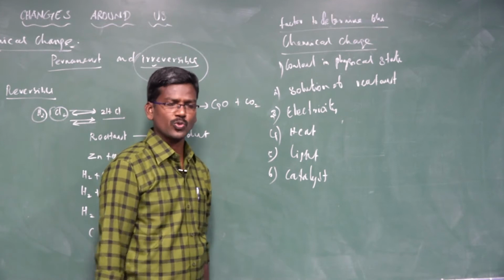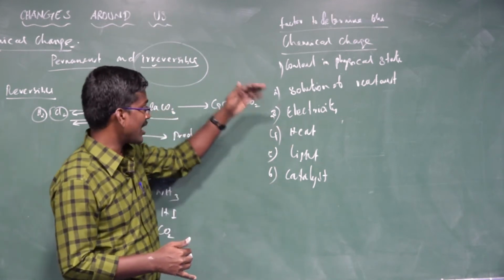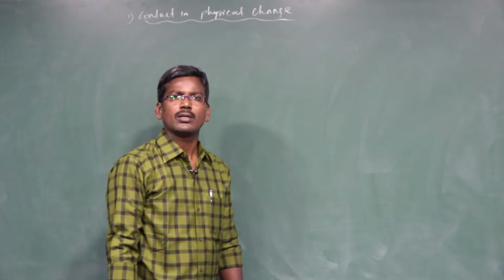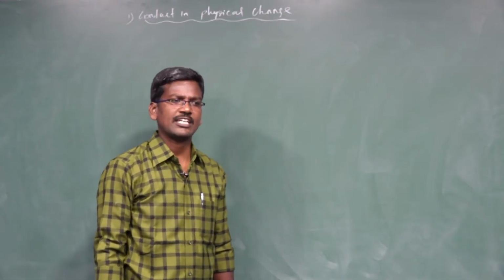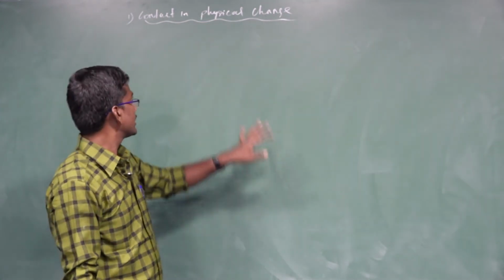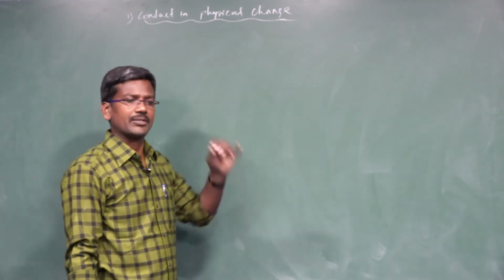So now we are going to discuss step by step the factors that determine chemical change reactions. The first factor to determine the chemical change is contact in physical state.